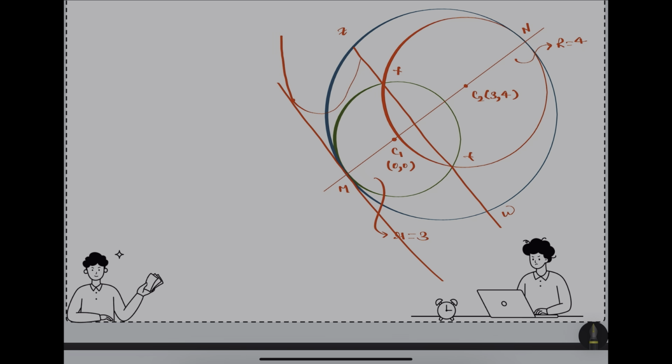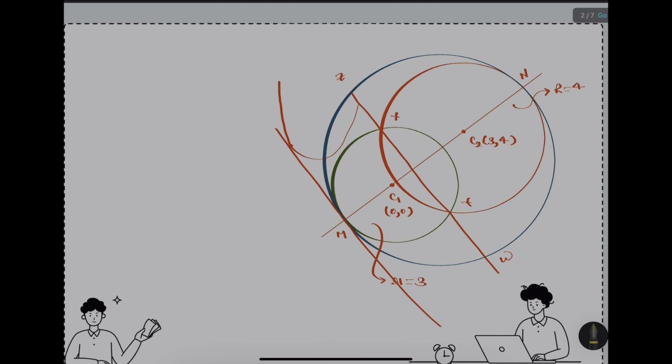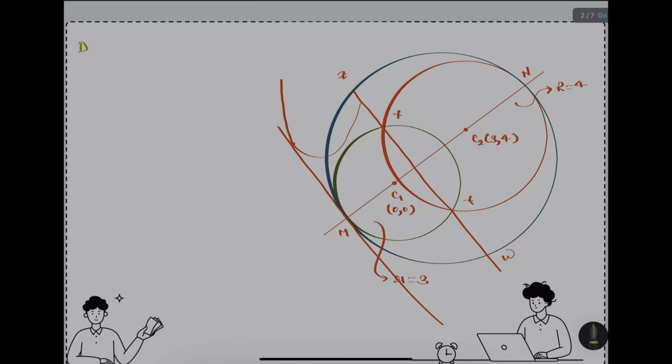Look at this. So can I say it would be the diameter of the bigger circle? So I'll go with the diameter. Can I say it is 2 times the radius?